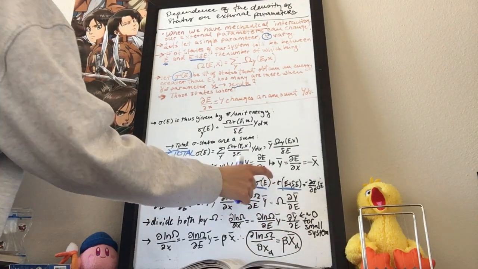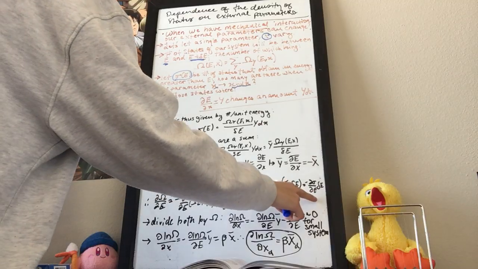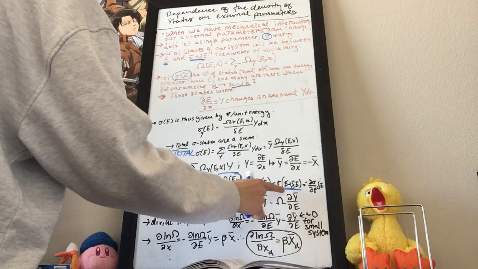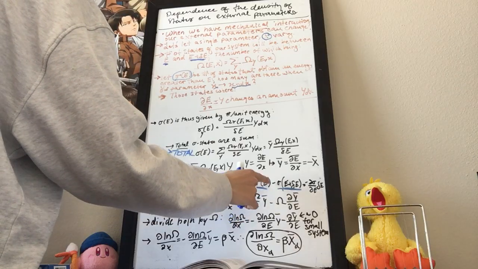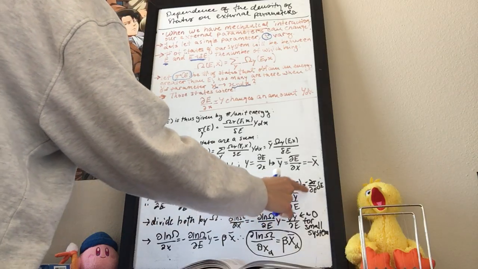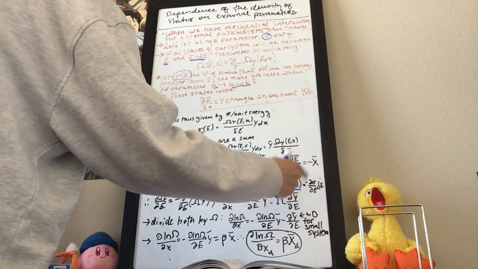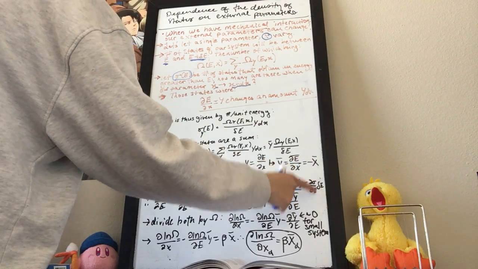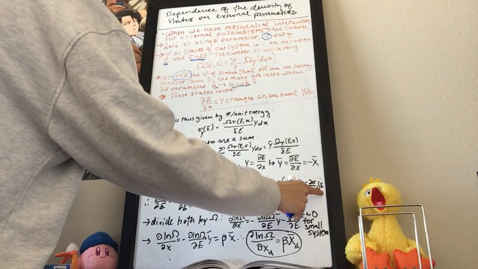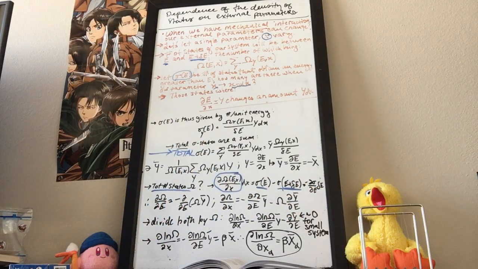So once we have that, we can represent this as another partial derivative, but I know this is kind of hard to see. We take the difference between our sigma with an argument of E and our sigma with an argument of E plus delta E, and we can write this as the negative partial differential of sigma with respect to E times some infinitesimal change delta E there, right?